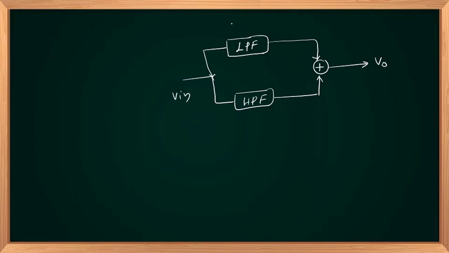If these two are ideal low pass and ideal high pass filters, they will have a response like this: ideal low pass, ideal high pass. The high pass filter has a lower cutoff frequency FL, the low pass will have an upper cutoff frequency FH. Then what will be the response at V out?